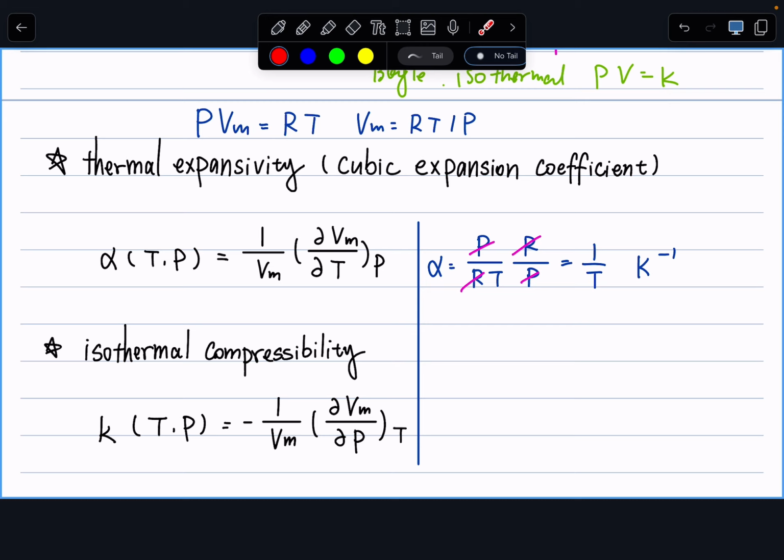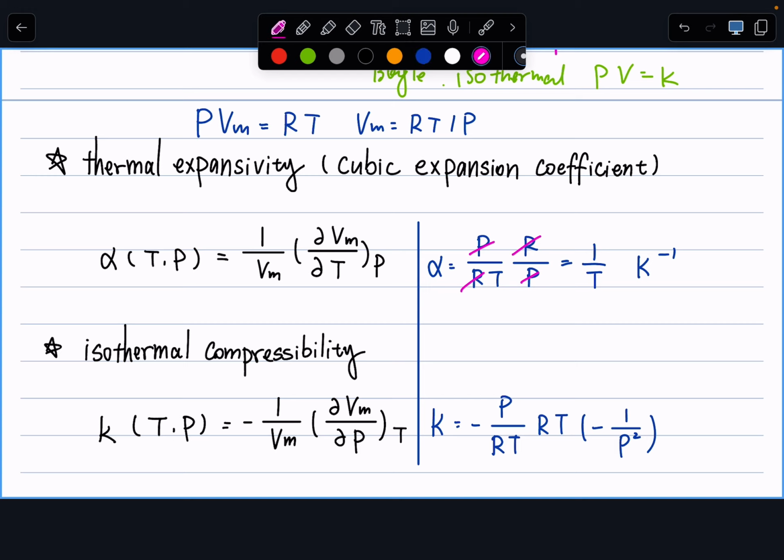Likewise, let's solve for the unit of kappa, or chi. Chi here equals negative 1 over Vm, so that's P over RT again, times the partial derivative of Vm over P. Now P is on the bottom, so we have RT out, and the negative 1 over P squared.